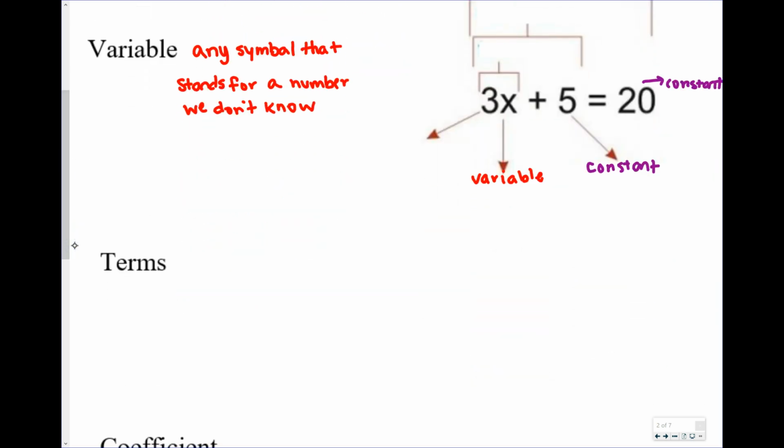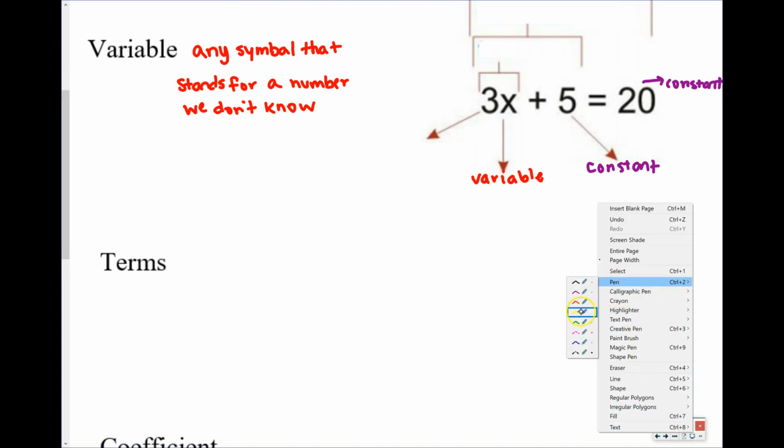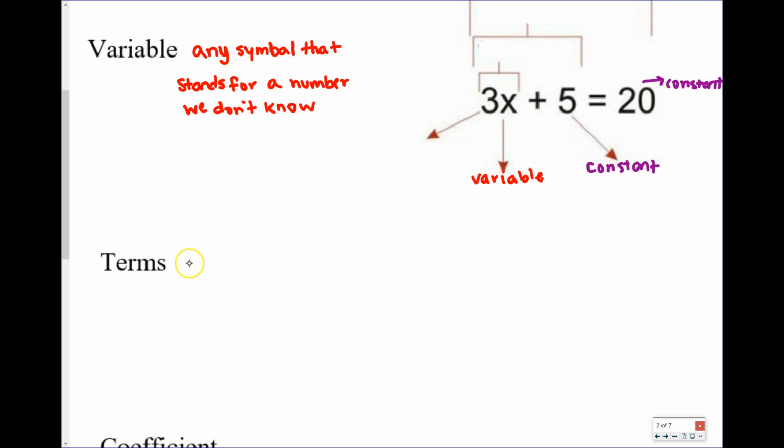A term, and this is one that is probably the most important in this whole lesson, a term is either a single variable by itself or it's numbers and variables multiplied together.